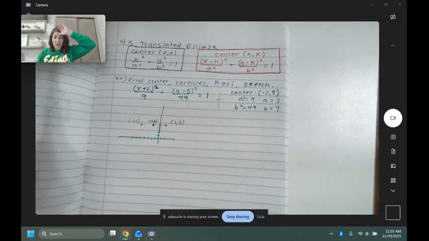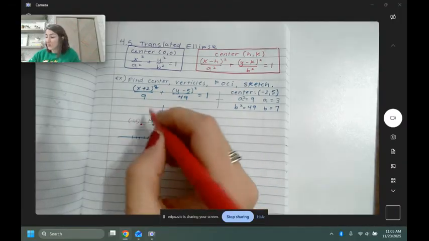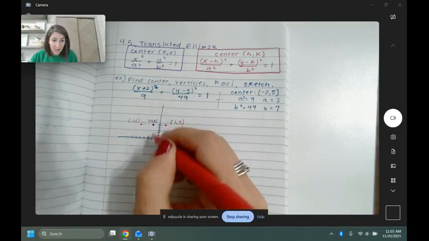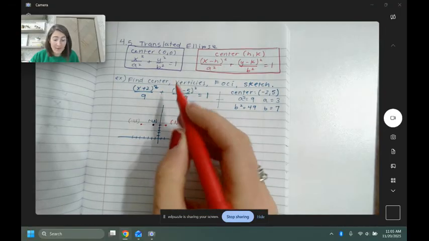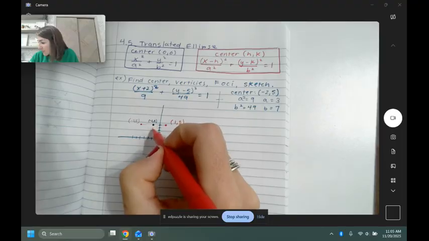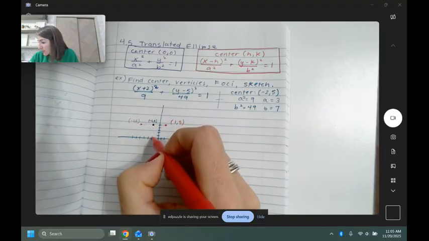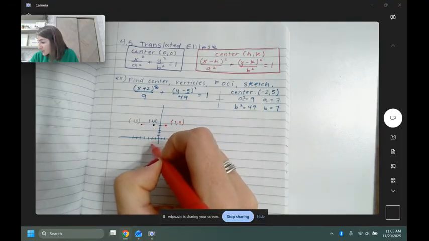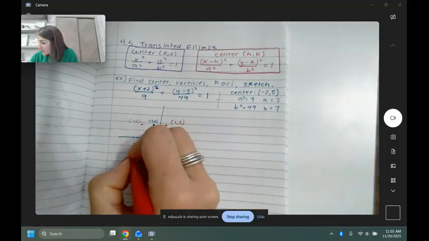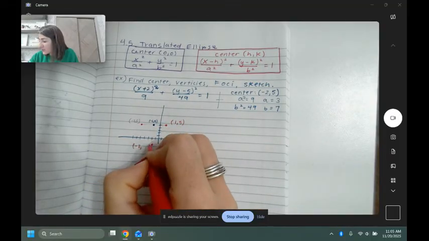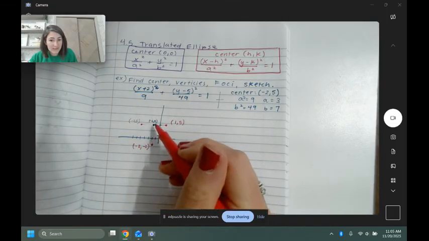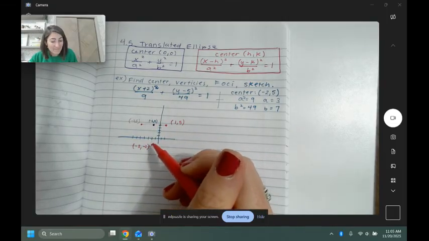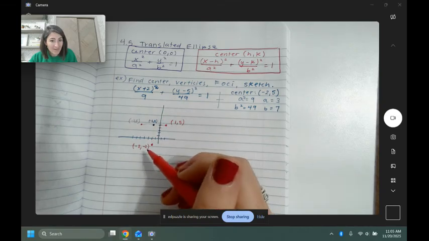Now let's find our major axis. So b is 7. I'm going to go on this -2 vertical line, down 7 and up 7. From the 5, 1, 2, 3, 4, 5, 6, 7, this is the point (-2, -2), because 5 minus 7 is -2.